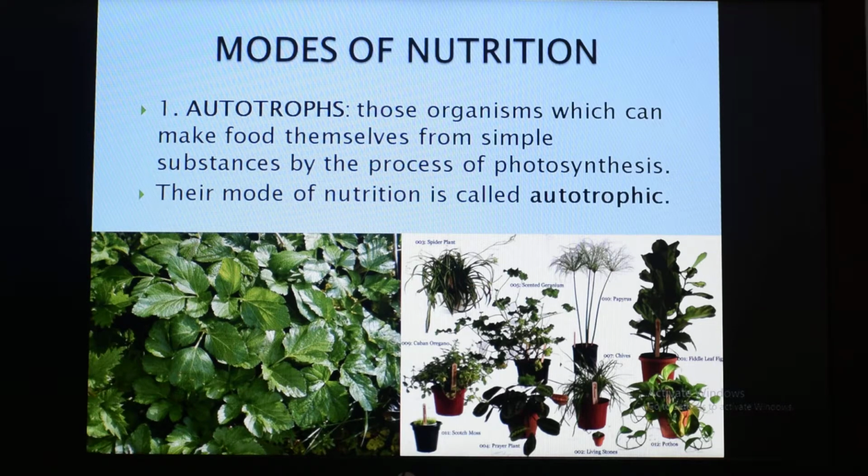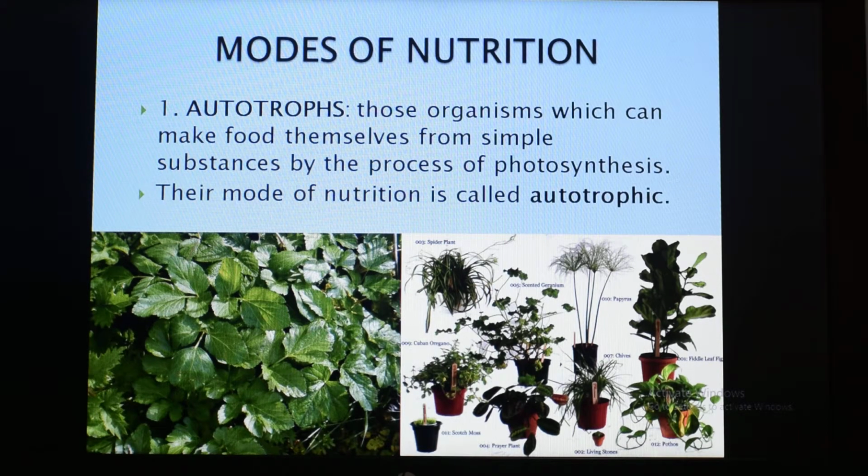All the green plants are autotrophs. This is because green plants can make their own food from carbon dioxide and water present in the surroundings by the process of photosynthesis. Thus, we can say green plants have autotrophic mode of nutrition. For example, wheat is a plant which can make its own food, and thus it falls under the category of autotrophs.